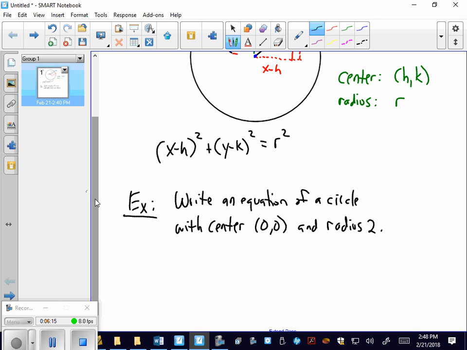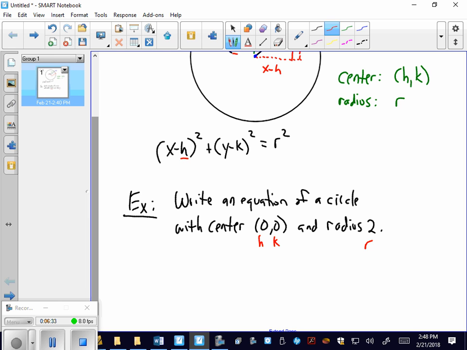Well, the center is h and k. So this is h, this is k, this is r. I am literally going to plug 0 in for h, 0 in for k, and 2 in for r, and I've got the equation of my circle.